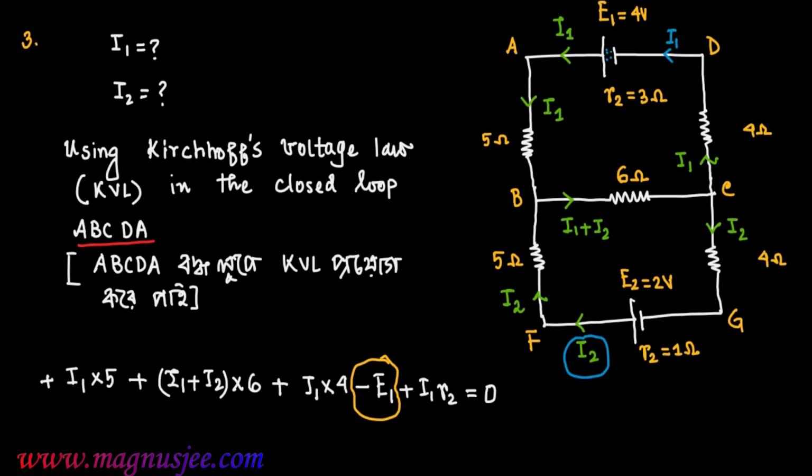Now the EMF of the first cell is E1, and that E1 is negative in the closed loop ABCDA.